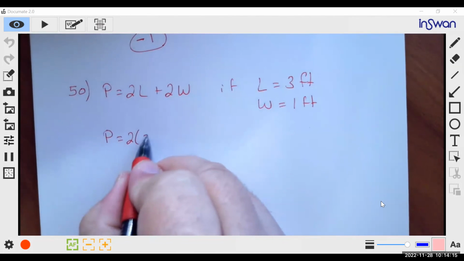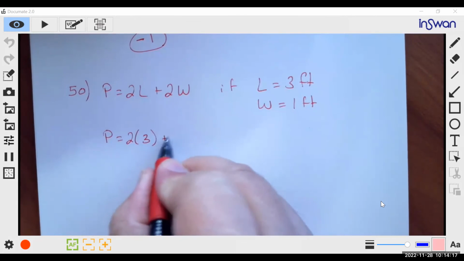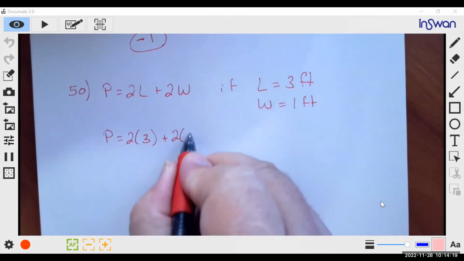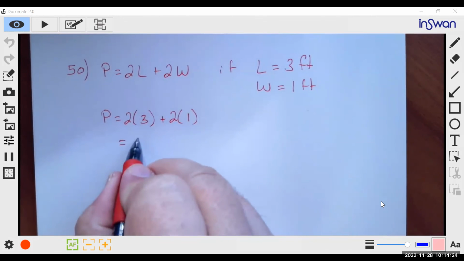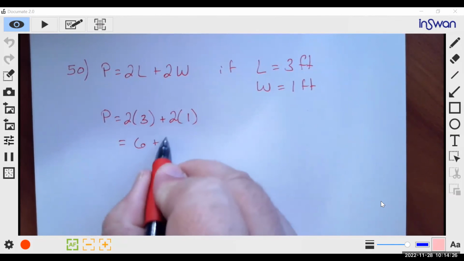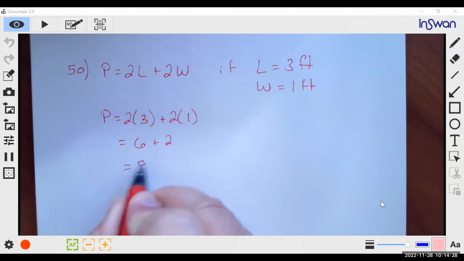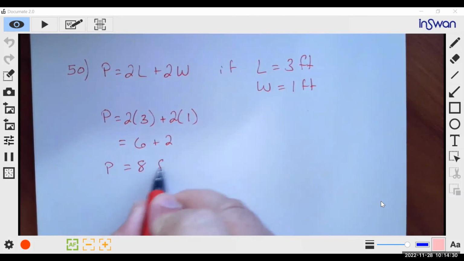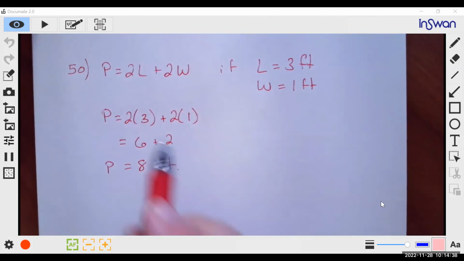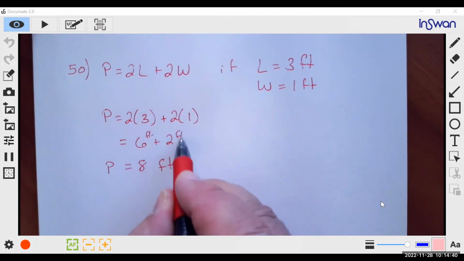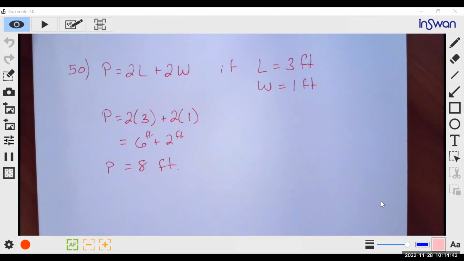L is 3. W is 1. 2 times 3 is 6. 2 times 1 is 2. So it's 8 feet, because you have 6 feet plus 2 feet. There's 8 feet.